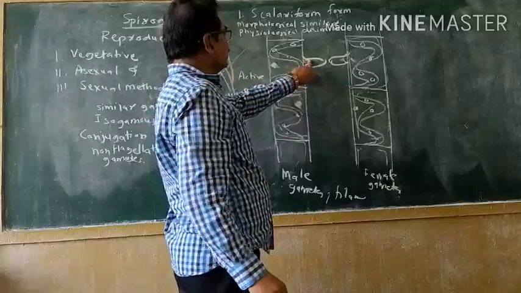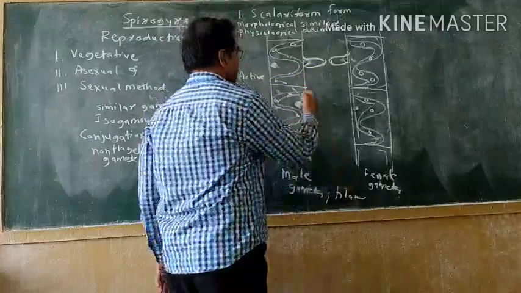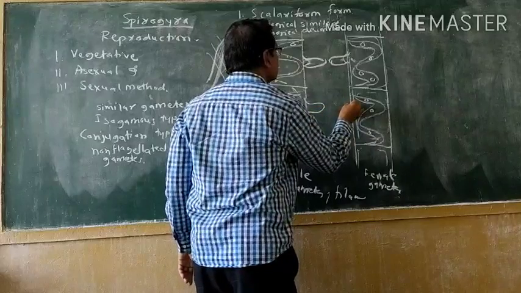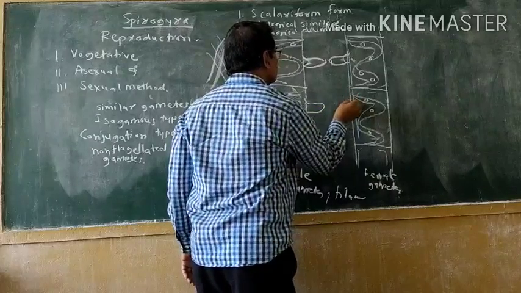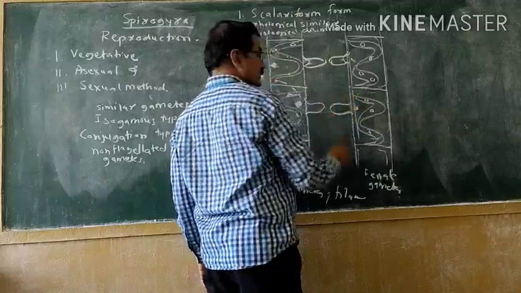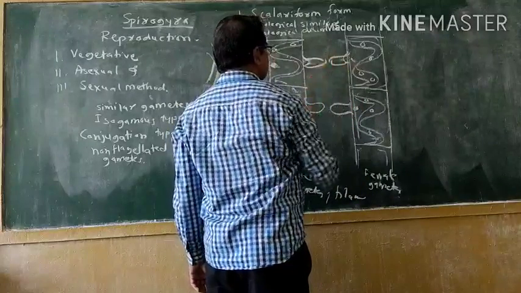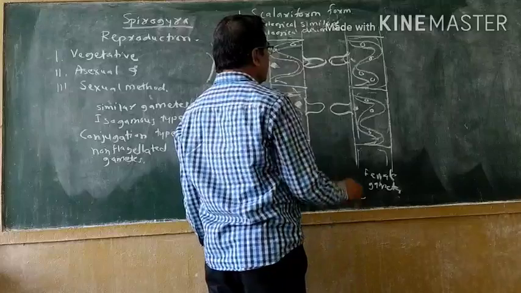These peg-like structures conjugate, and tubular structures are formed.